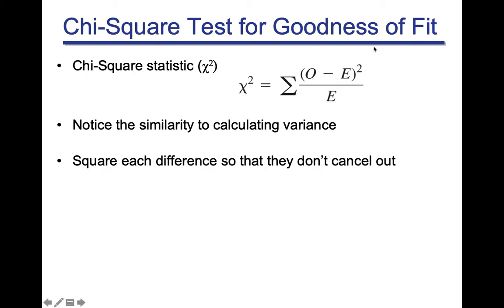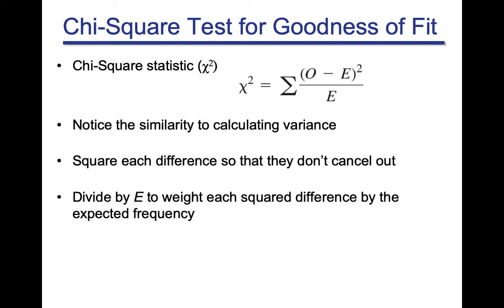Same thing here. If we look at the difference between what we observe and what we expect over all the cells in our design, if we were to sum those up, they'll also sum to zero. So we have to do this very common thing in statistics where we end up squaring our differences so they don't sum to zero or cancel out.